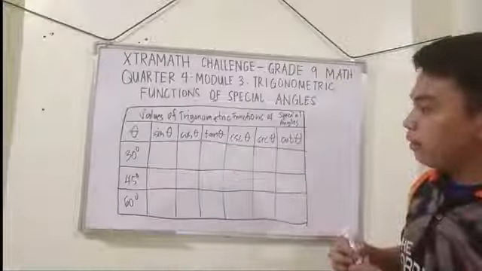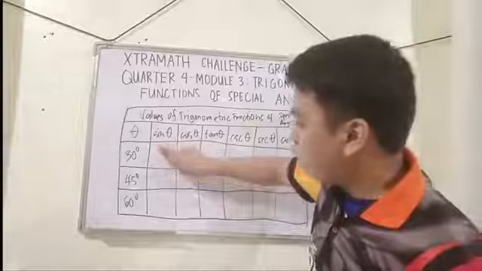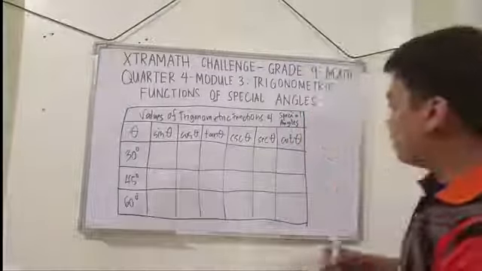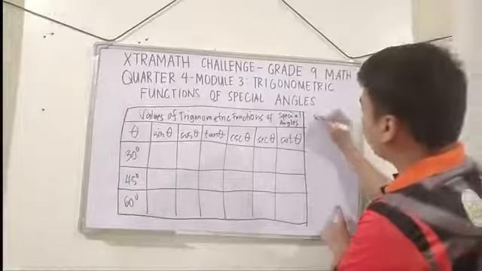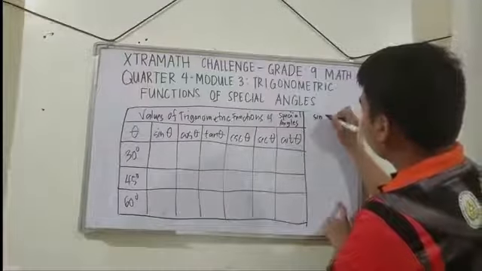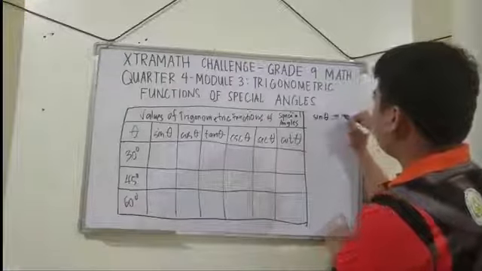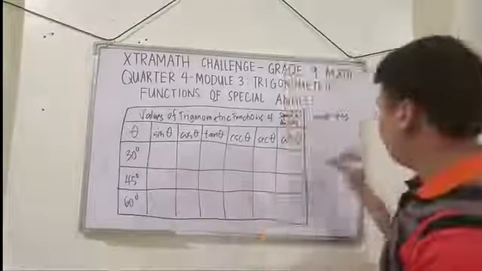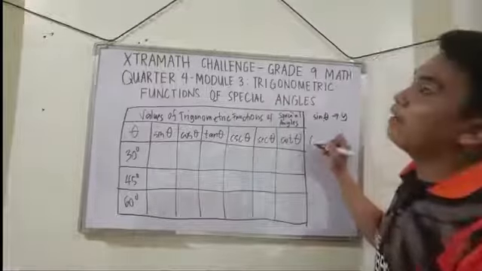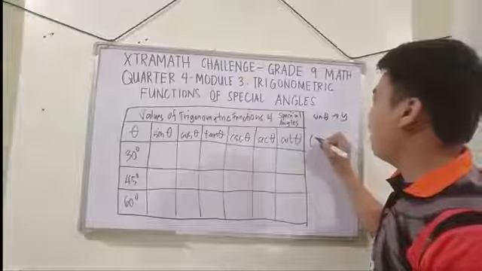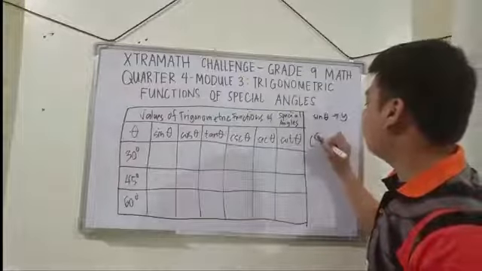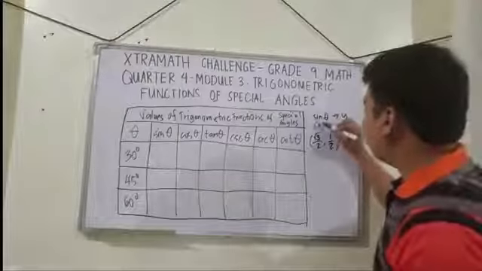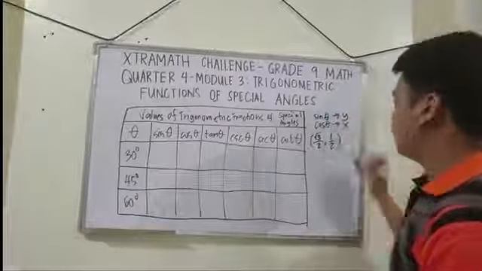So now, in this part, we are going to find the sine of 30 degrees. So remember that sine theta corresponds to y, and the coordinate of 30 degrees is square root of 3 over 2, 1/2. And cosine theta corresponds to x.